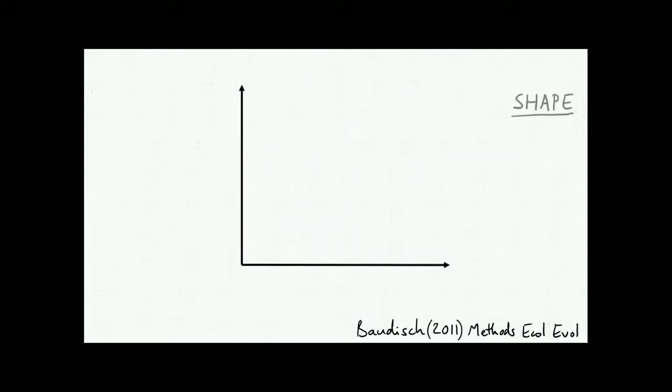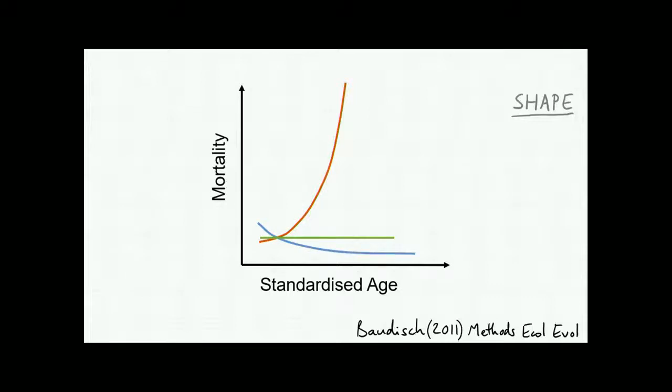And then there's another axis, which is dimensionless, which is the shape of life. We can better understand this if we don't look at survival, but if we look at mortality, and we're talking about standardized age. It's very important to remove the age dependence when you're measuring the shape of life. And if you look at the three mortality rate curves that I presented to you just now, they look like this. And you can see that these curves have very different shapes.